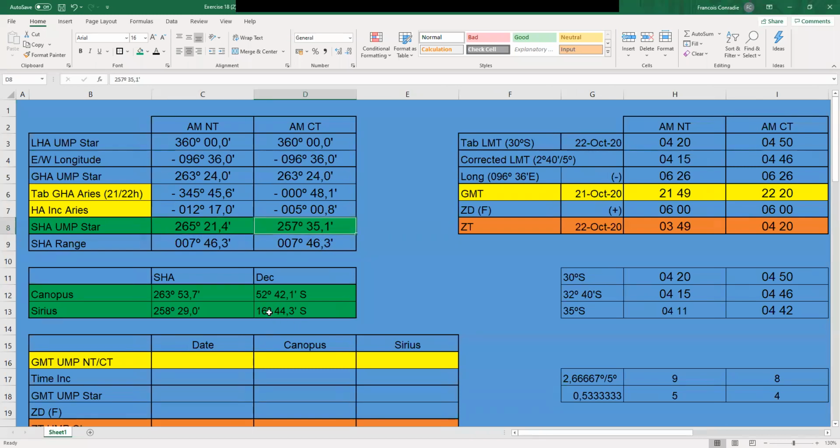And the declination, because it was negative, is 52°42.1′ south. Then our second star, Sirius, is 258 degrees, 29.0, and 16 degrees, 44.3 south.